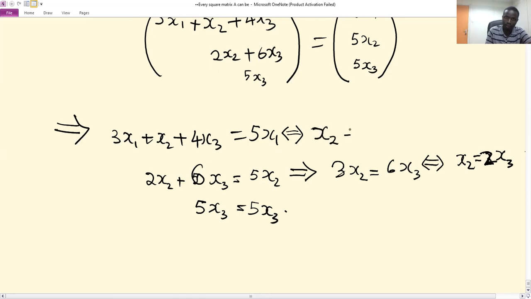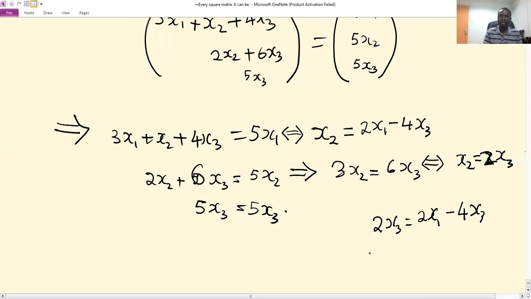And then this one implies x2 equals 2x1 minus 4x3. So since x2 is the same as 2x3, then you can write 2x3 equals 2x1 minus 4x3.